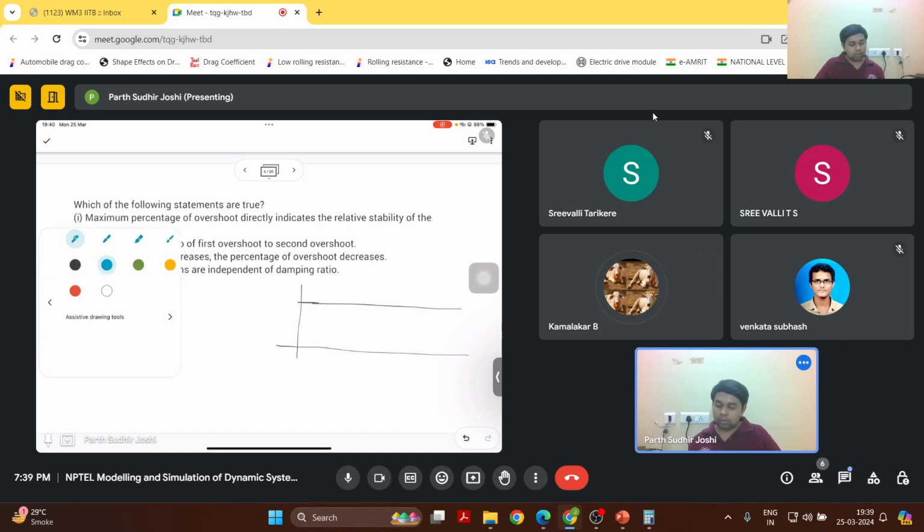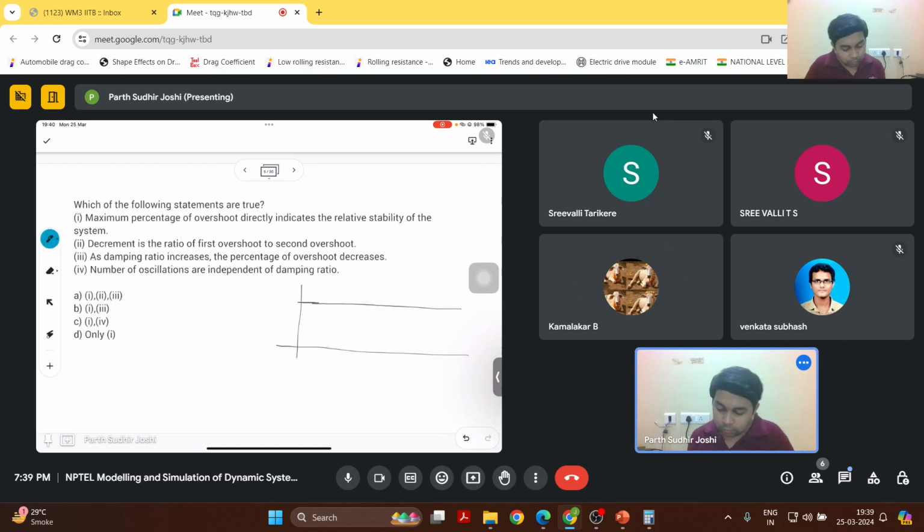Then I'm drawing the response now in blue color. Let us say the system starts from 0 at time t equal to 0. So this is time, and this is x versus time. Initially as the step input is applied, the system will tend to rise, and then it will go beyond the steady state value.